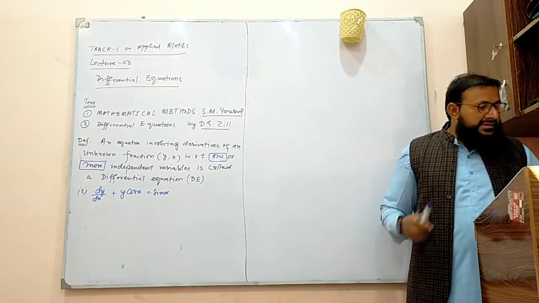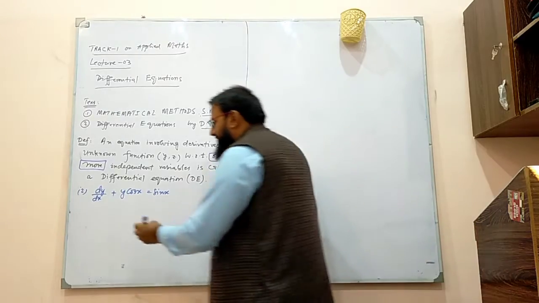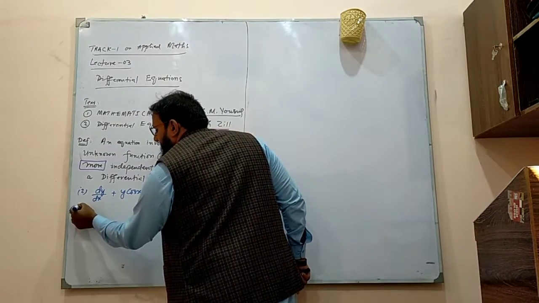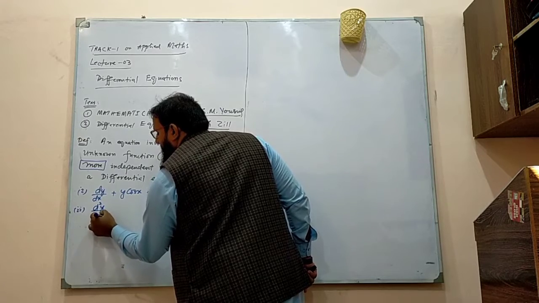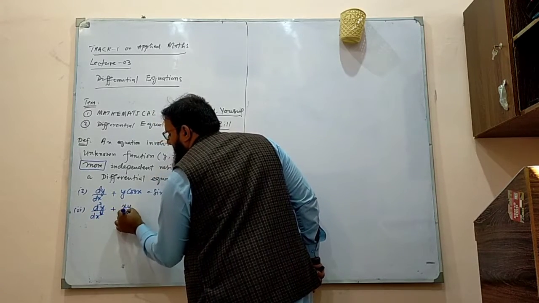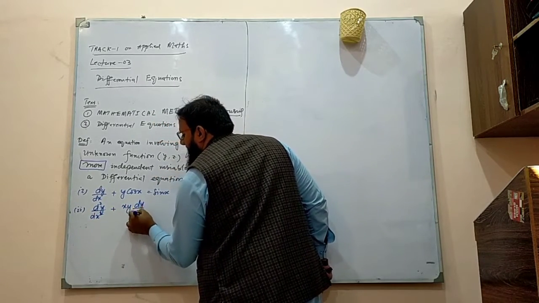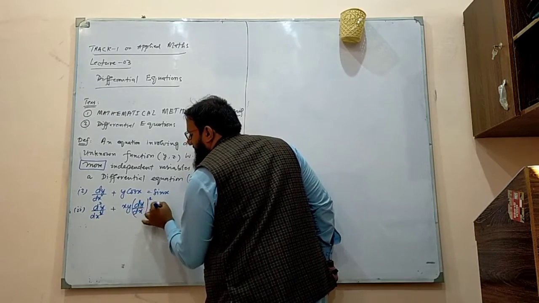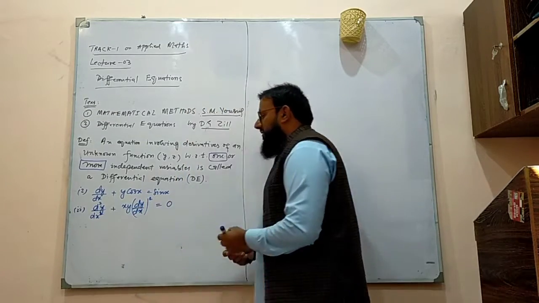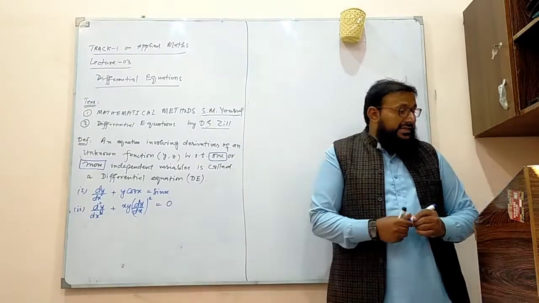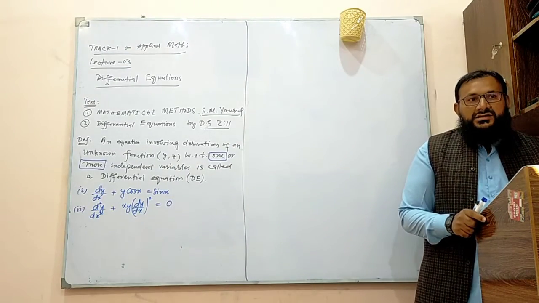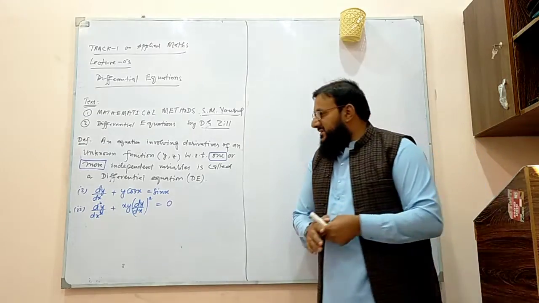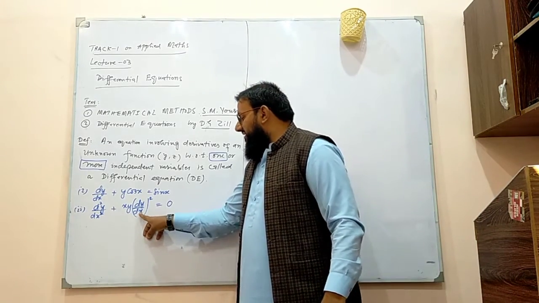And we have so many other examples. The next example is d2y by dx2 plus xy times dy by dx raised to power 2 equals 0. You can see in this equation we have the unknown function y, and we have its derivatives with respect to the independent variable x.